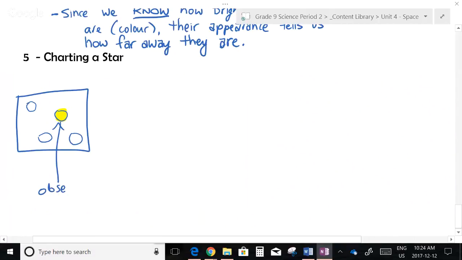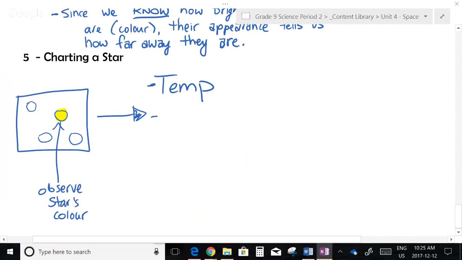So the first thing we do is we observe the star's color. From that, what do we know? When we look at a star's color, what do we know? Yep. So now we know its temperature, right?